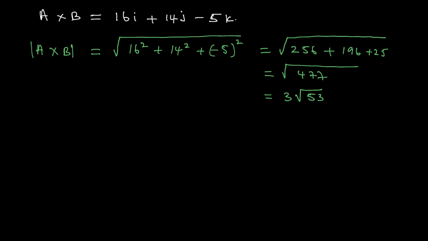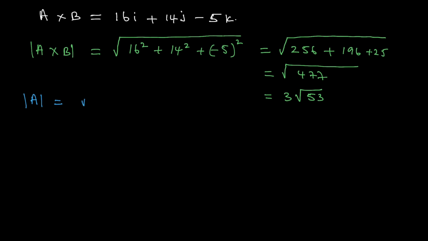Now what we need to find is the modulus of A. So let's do that in a different color. So the modulus of A will be equal to, we know what A is, A is 3, minus 2, 4.